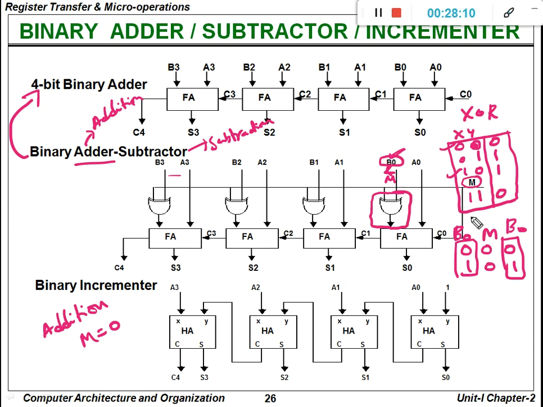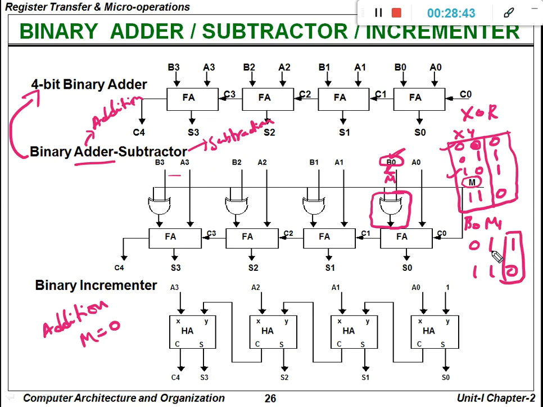Okay. Now let us consider whenever the value of m is 1, then it is going to become the 4-bit binary subtractor. Now consider the remaining two lines, 0 1 1 and 1 1 0. This is the B0 value, this is the m value.